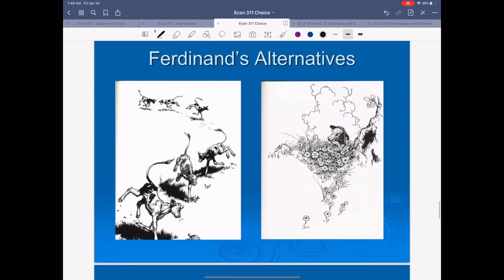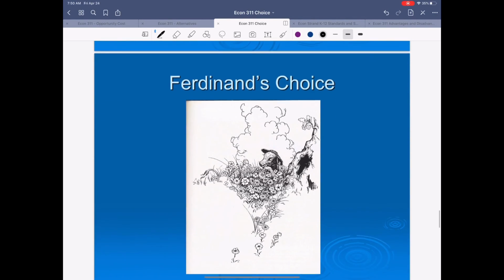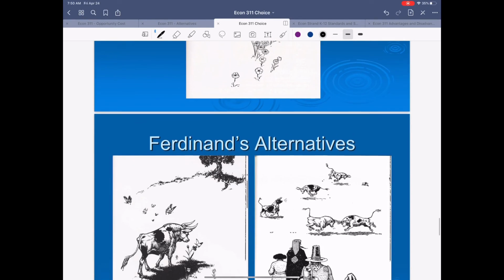So Ferdinand ultimately has the alternatives to play with his friends or to sit and smell the flowers. And he weighs the costs, or the advantages and disadvantages of the alternatives, and his choice is to sit and smell the flowers.